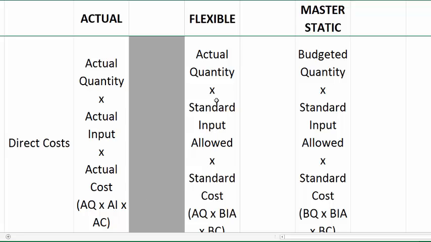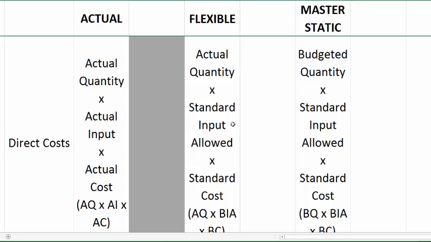And then we can look at the flexible column. And notice that again, we are still using actual quantity. How many units of whatever did we provide this period? But we're saying, for that actual quantity, how many standard input units were allowed? Was it 2 pounds of material? Was it 1 hour of direct labor?